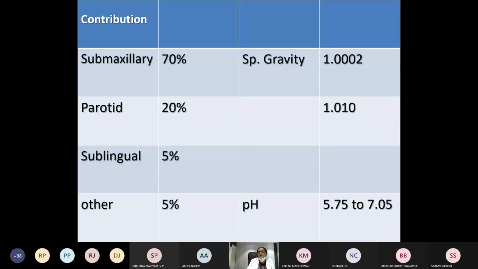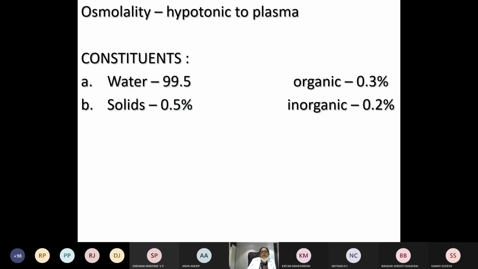The pH is 5.75 to 7.05. Osmolality is hypotonic to plasma. The constituents: water 99.5%, solids 0.5%, of which organic 0.3% and inorganic 0.2%.